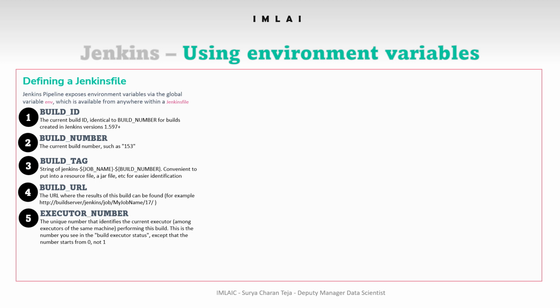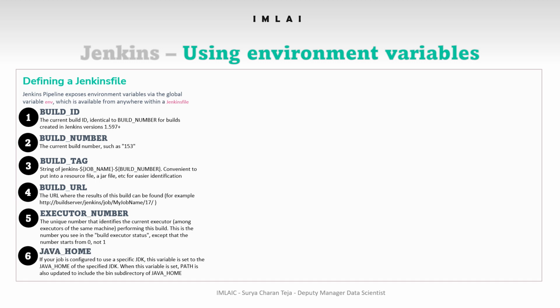This is the number you see in the build executor status, except that the number starts from 0, not 1. If the number starts from 0, then that means it's a build executor status. If it starts from 1, it's something else.